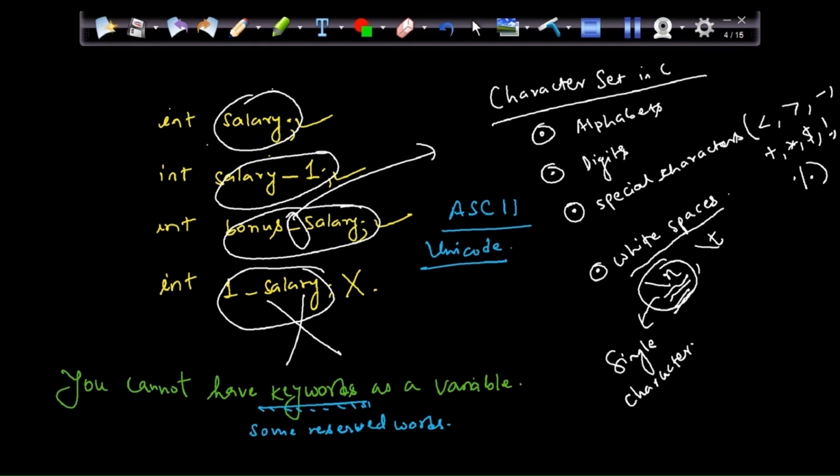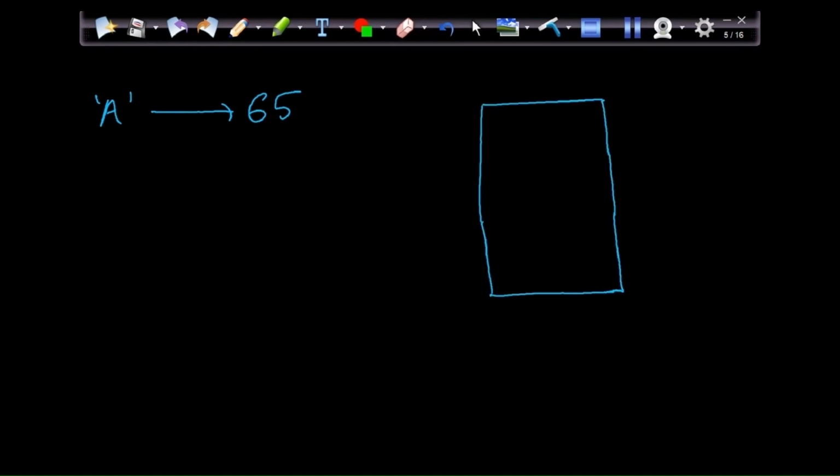Let's say you have a character A. This is mapped to some number, which is 65. Actually A is mapped to 65, and in the memory what is stored is the binary equivalent of 65.